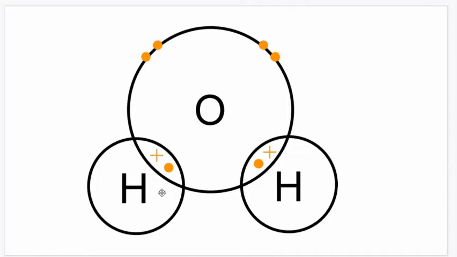That's why 2 hydrogens are required for an oxygen to be stable, and here we can see that each hydrogen shares 1 and oxygen shares 1 with each hydrogen, which makes each element stable with its full outer shell.